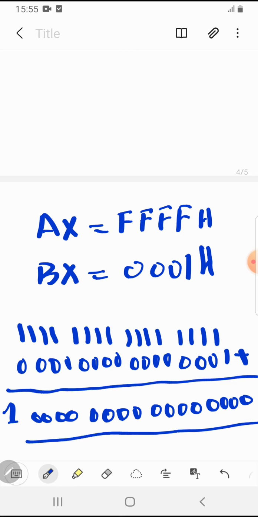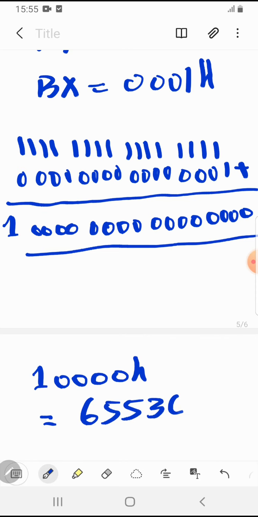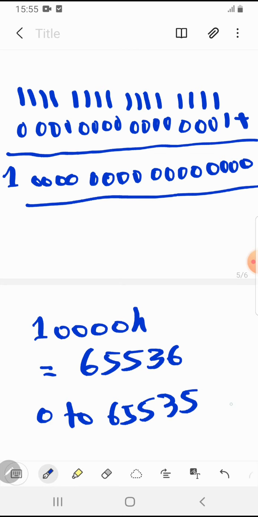Okay, so if we give it an unsigned interpretation, the correct answer is 10000 hex, which is equal to 65536 in decimal. But this decimal representation is out of range for a 16-bit computer system, since the range of 16-bit numbers is from 0 to 65535. So this is actually a greater number.